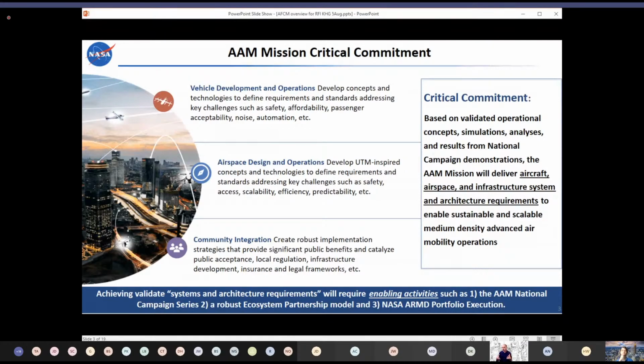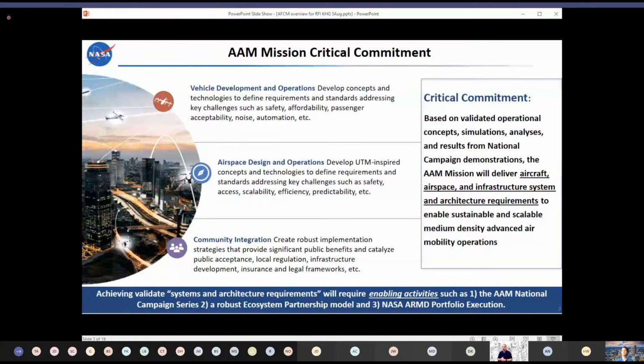The other important elements of the architecture are the airspace system design and how it operates. And of course, the vehicle automation is a significant part of that airspace system architecture. And then the third element being community integration.